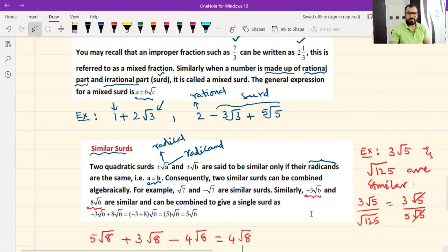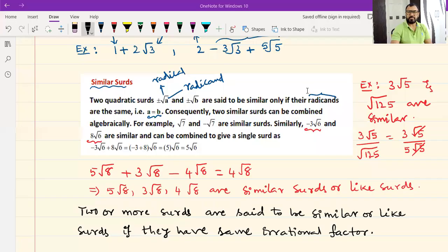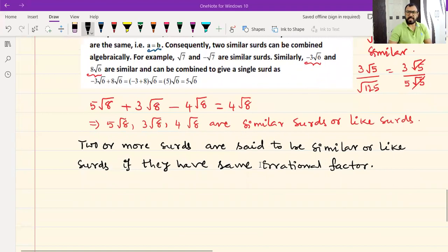So if their radicands are same. Here I have given an example. Here you see that 5 root 8 plus 3 root 8 minus 4 root 8 reduces to a single surd.